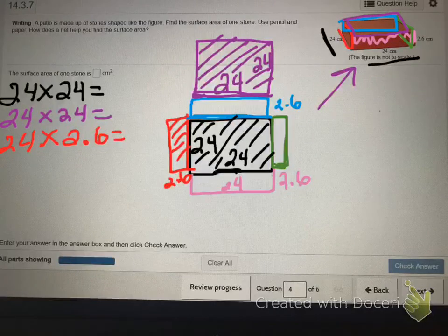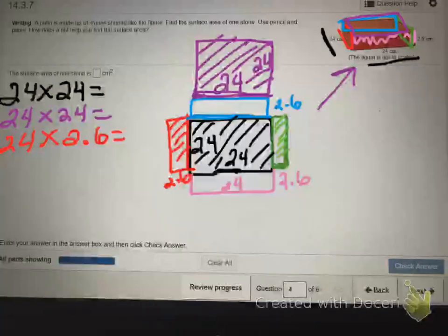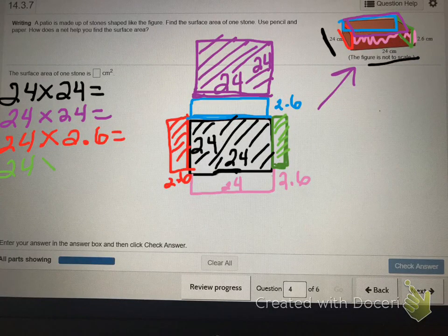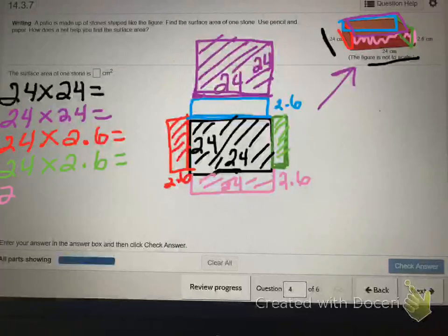My green shape is 24 times 2.6. My point didn't draw very well. We got a pink shape, this guy here, 24 times 2.6.